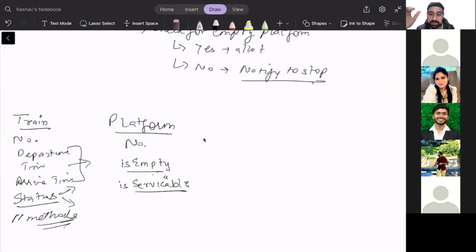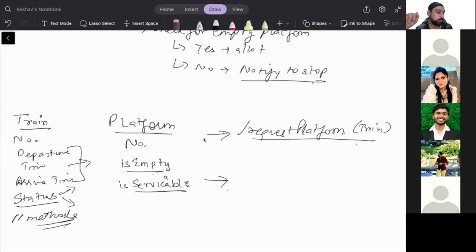Now, Divyansh, as you said, we have only one service. One thing that Anushka said is that we have one endpoint, which is request platform. Of course, the train needs to request a platform, so the train object would be what comes in. What else?